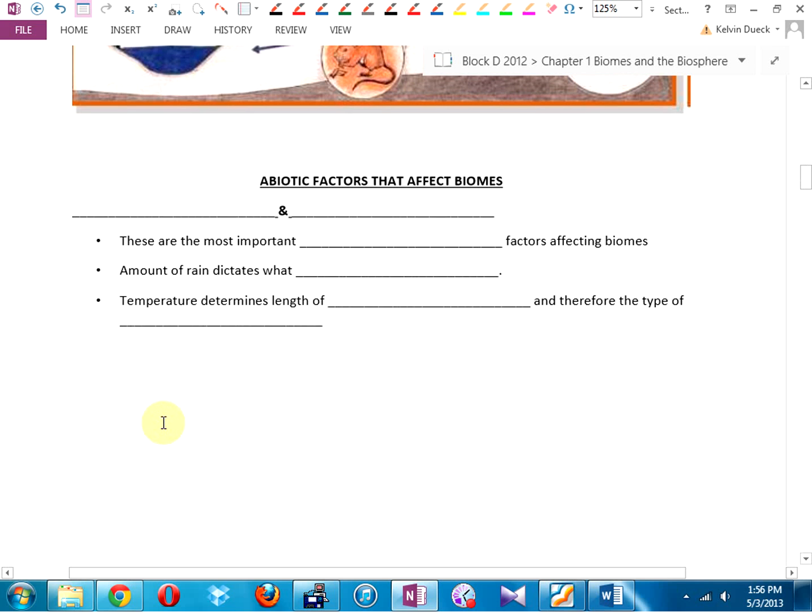What are some abiotic factors that affect biomes? The 2 big ones: temperature and precipitation.